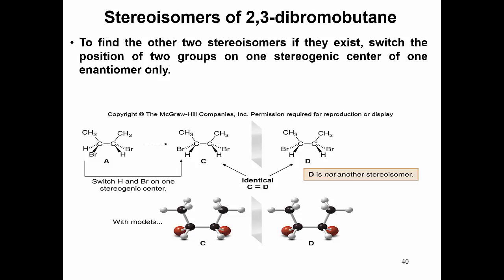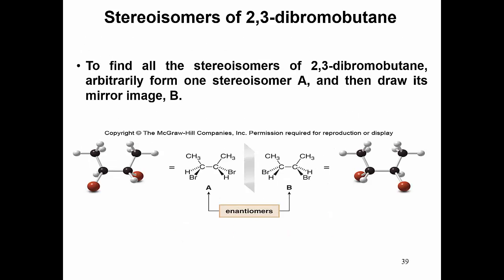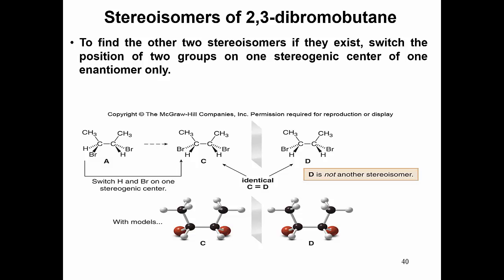The way you test this is you draw mirror images of a pair of stereoisomers, and you see if they're enantiomers, and they are. A and B are non-superimposable. They're not the same compound, but they're mirror images.